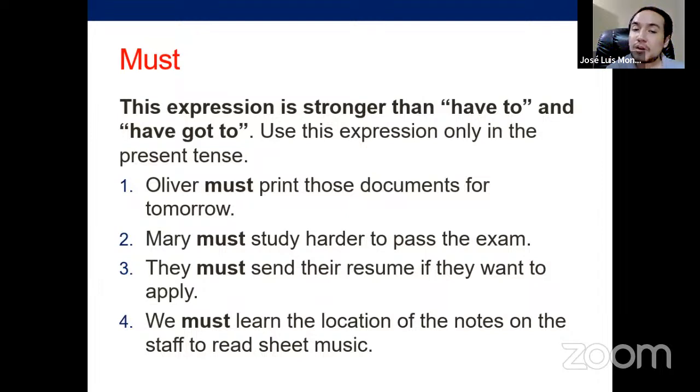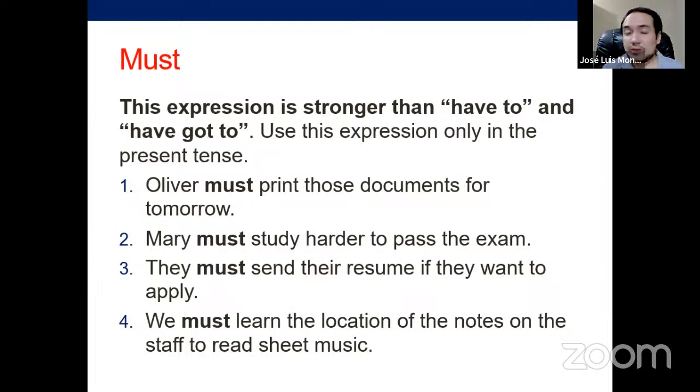Same examples. I'm not going to read everything, just a couple of them. Oliver must bring those documents for tomorrow. If he doesn't, there's going to be a consequence. So when there's a consequence, it's a good idea to use must, because that's an obligation. And if you don't do something that is an obligation, something could happen. There is always going to be a consequence.